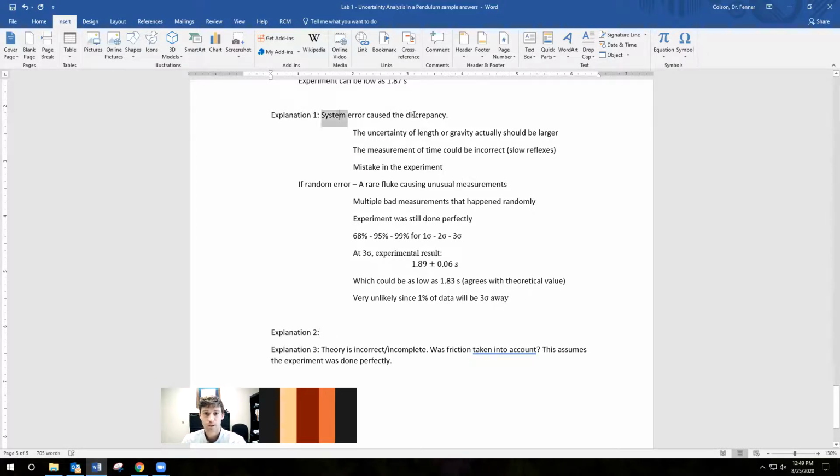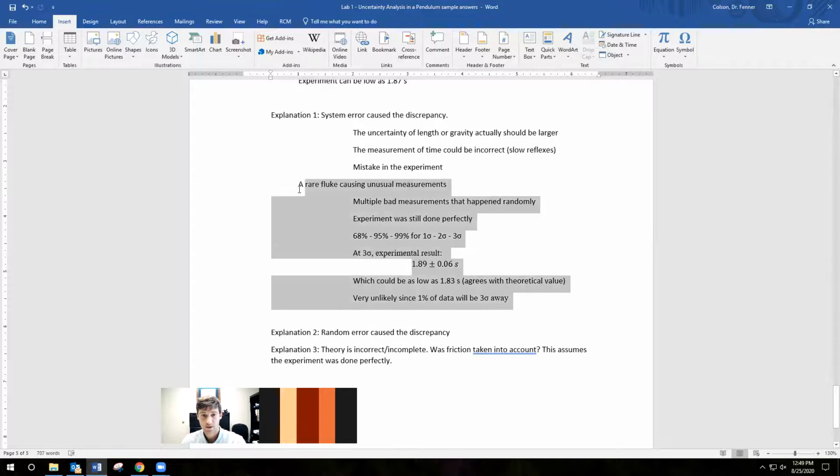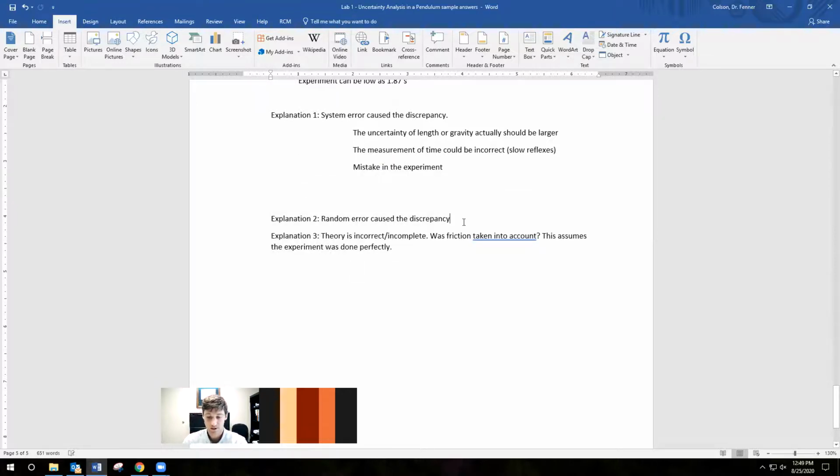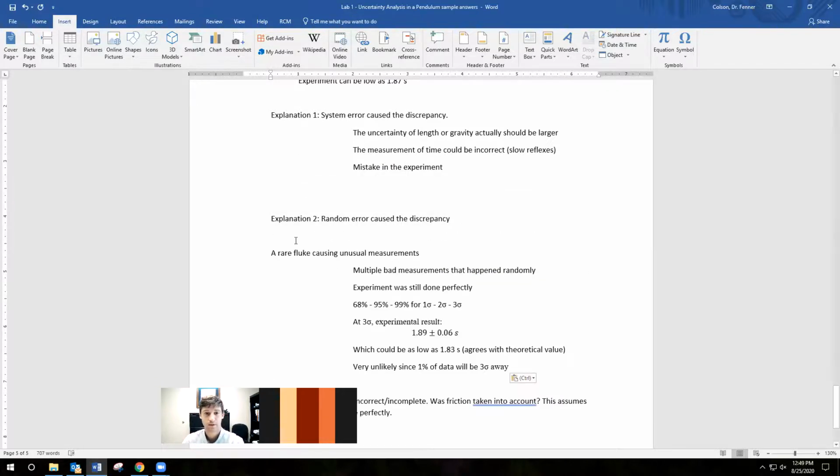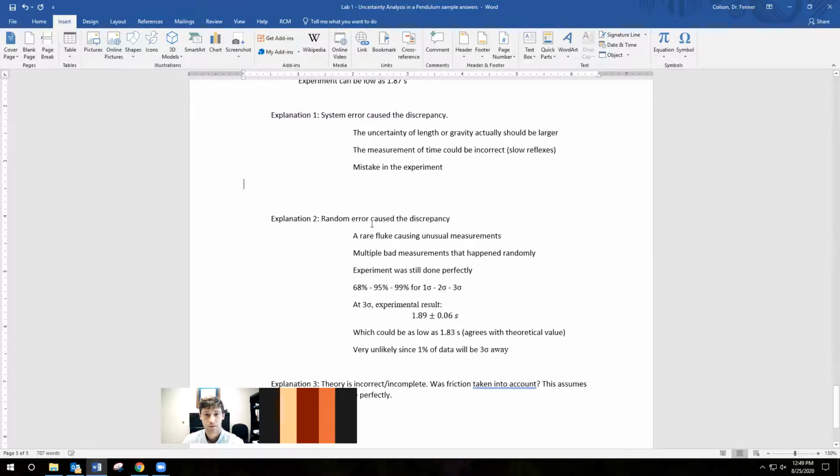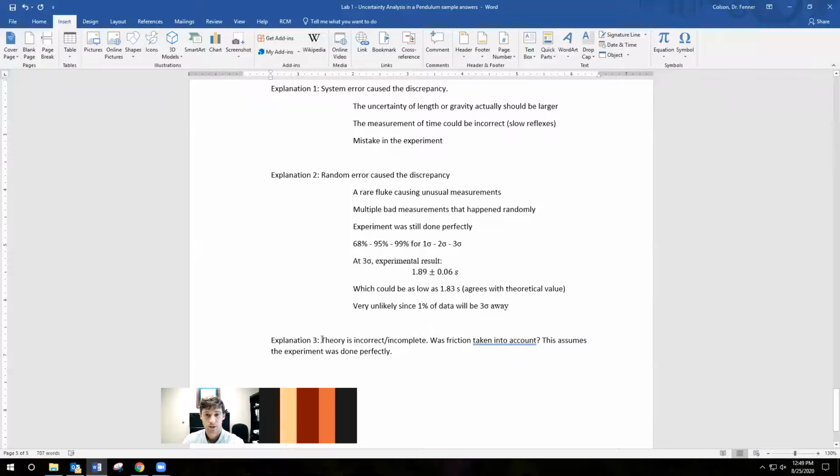Explanation 2 is that random error caused the discrepancy, which I went through above. And explanation 3 is that the theory is incorrect or incomplete.